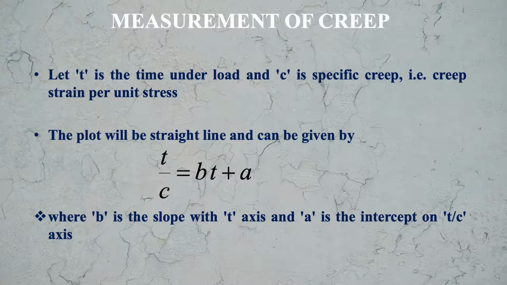T is the time under the load and C is the specific creep, meaning the creep strain per unit stress. This plot will be a straight line and can be given by T by C equal to B into T plus A. Here B is the slope with T axis and A is the intercept on the T by C axis.